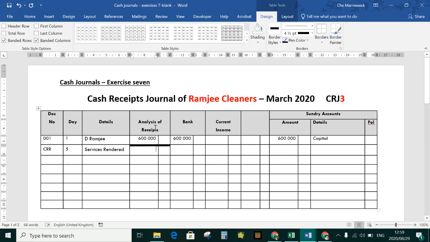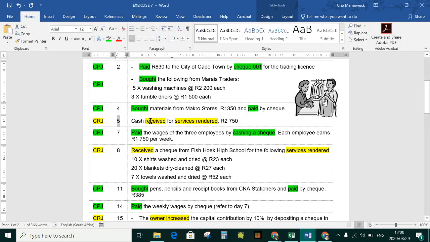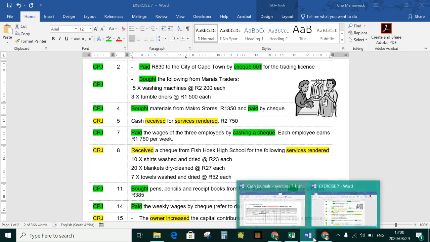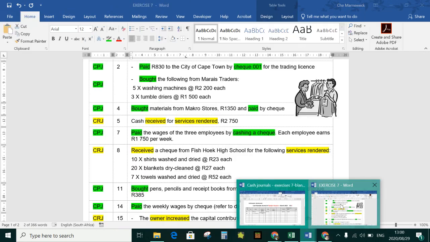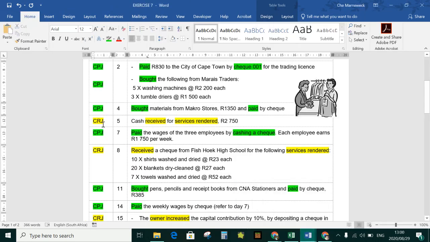And we need to record how much money we receive. So we have a look back at our list of transactions. We've received 2,750 Rand. So we're going to record that 2,750 Rand in analysis of receipts. Do we receive more money on day 5?